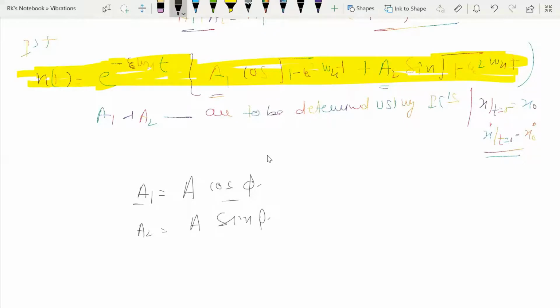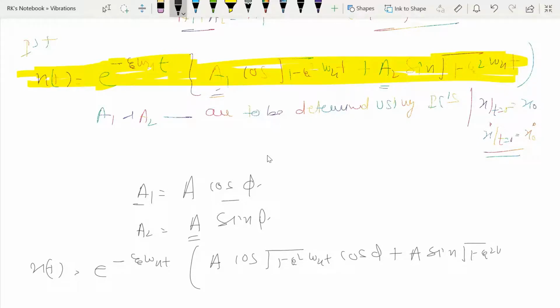So if we replace these values in this equation, then this becomes x of t equals e raised to power minus zeta omega n t. In place of A1 we write A cos phi, multiplying cos of square root of 1 minus zeta square omega n t, and in place of A2 we write A sin phi, multiplying sin of square root of 1 minus zeta square omega n t.